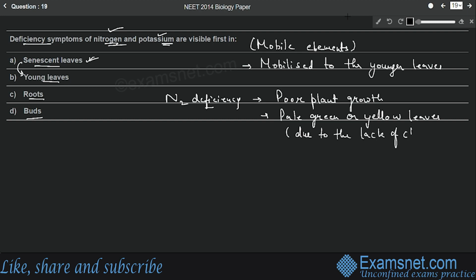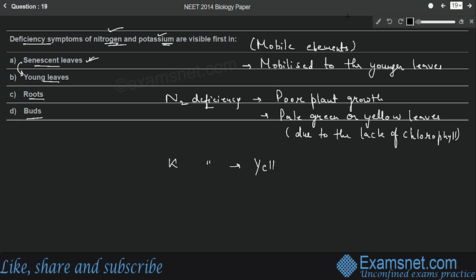Now if we talk about potassium deficiency, under potassium stress, yellowing of the leaf will start from the tips or the margin of the leaves extending towards the center of the leaf base.